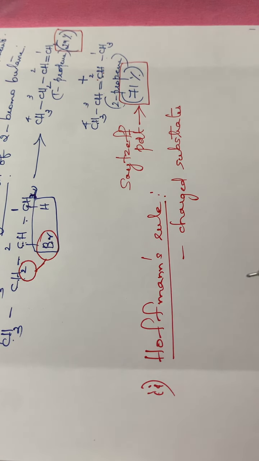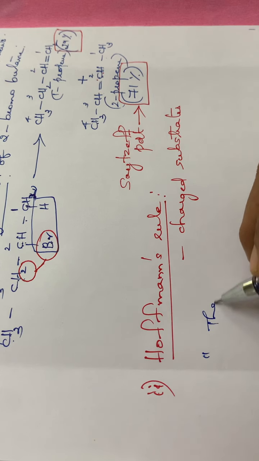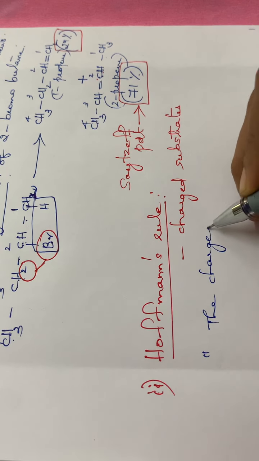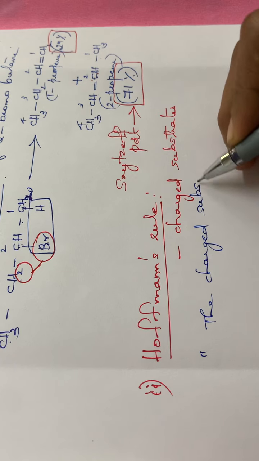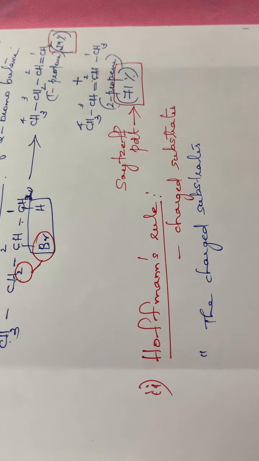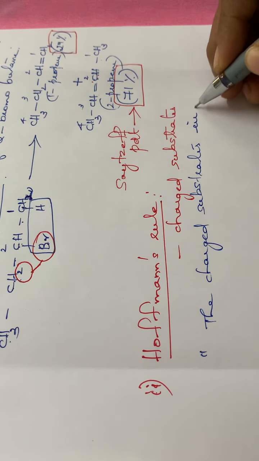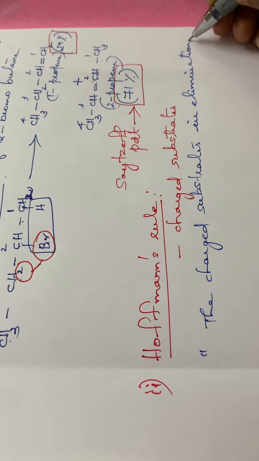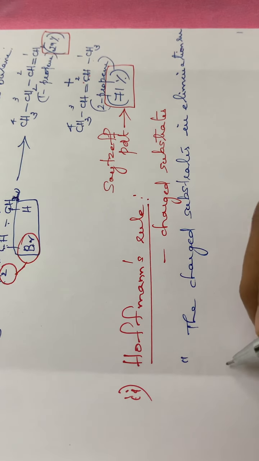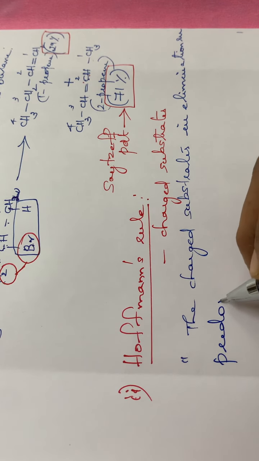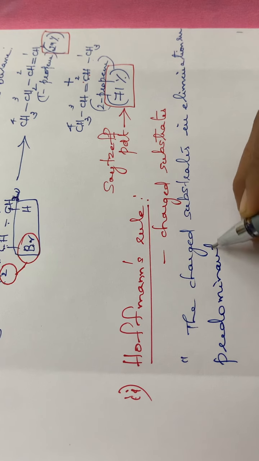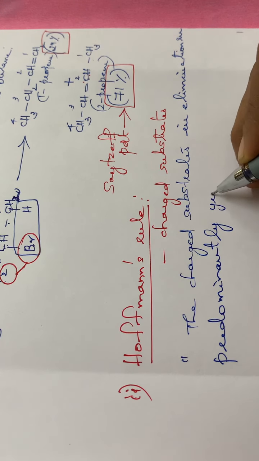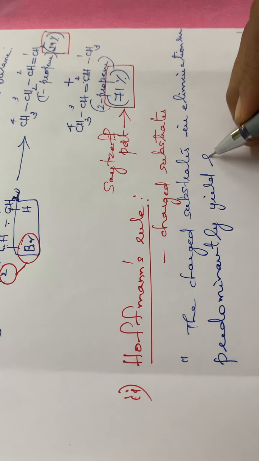Okay. And here in the case of Hofmann's rule, the statement is like this: the charged substrates in elimination reaction predominantly yield the least substituted alkene.